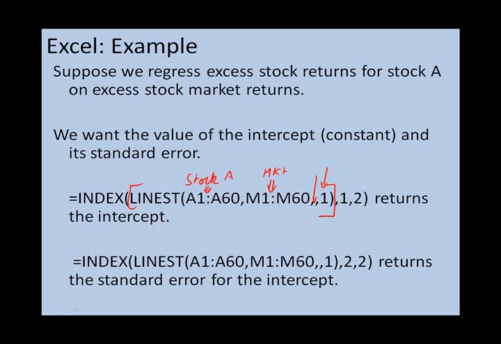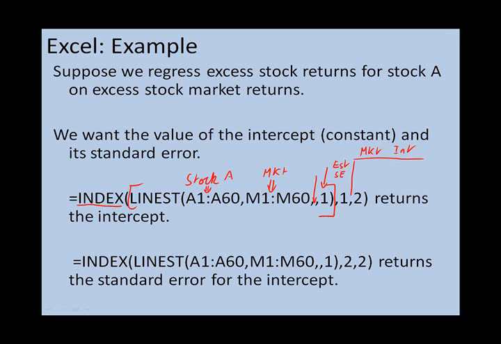And we now want to tell the INDEX function where to look for the intercept estimate. We know that the estimate is going to be in the first row. So if we look at our matrix, we're going to see market, intercept. They're going to be the 2 columns. And in the rows, we're going to have the estimate, and then we're going to have the standard error.